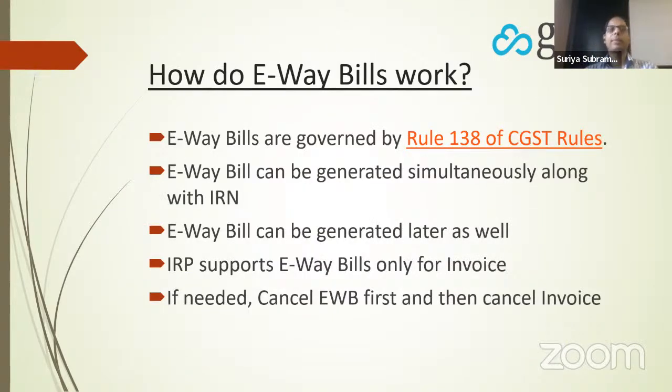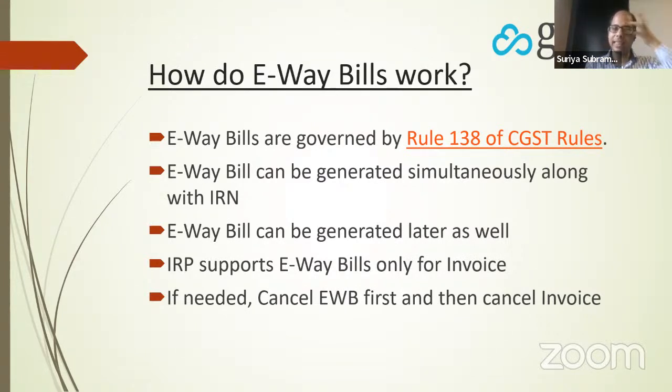The common question that people ask is, how do e-way bills work? The e-way bills are covered by the e-way bill rules, Rule 138 of the CGST Rules. There is no change in the e-way bill rules. You are continuing to generate e-way bills, and you will use the same method in the future also. However, what is one thing that e-invoice does?